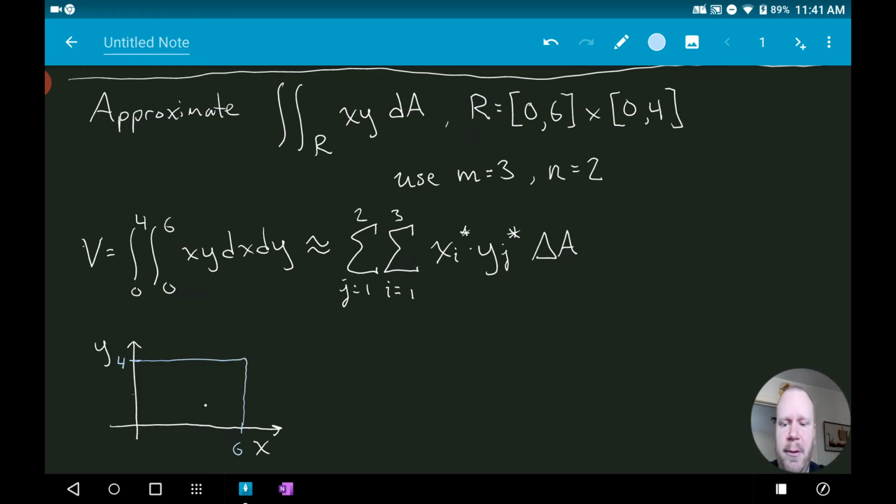And m is equal to 3. So I can either use that formula that I mentioned earlier, which is just this length, 6 minus 0 divided by 3, but I think this one's pretty easy to see that it's just going to be 2 for my delta x. And then my delta y is also going to be 2.